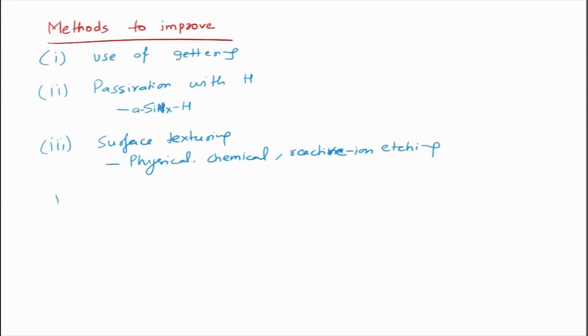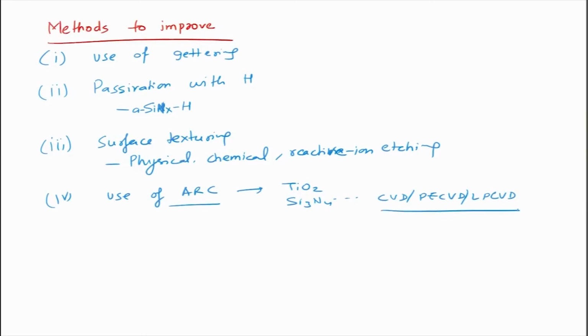And then one can also of course use an anti-reflection coating on top, such as TiO2, Si3N4, etc., which are typically deposited by CVD, PECVD, or LPCVD, that is chemical vapor deposition, plasma enhanced CVD, or low pressure CVD processing.